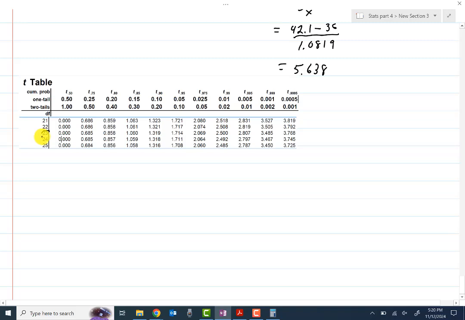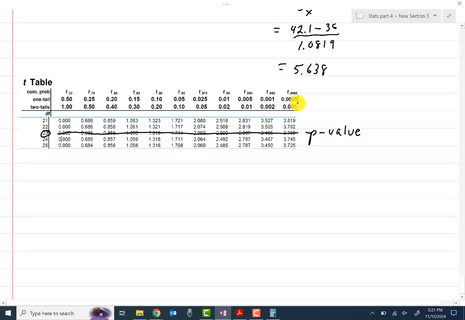So I'm in this row, and I'm trying to find 5.638 in that row if possible. As you'll notice, as we go here, the p-values get smaller and smaller. What that means is that the p-value is less than any of these numbers up here.